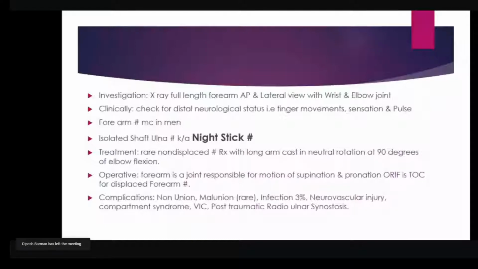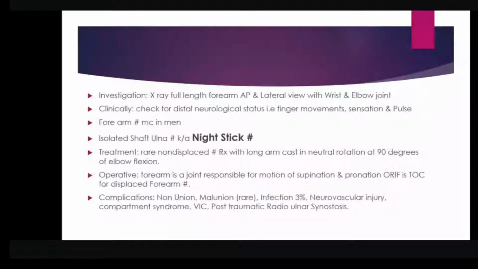So in any trauma there will be chances of non-union, malunion. If operative intervention occurs, then infection; if open fracture, then infection, along with stiffness of the joint.